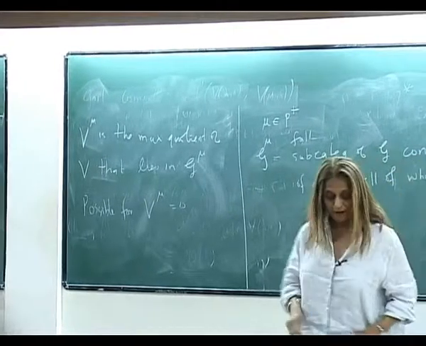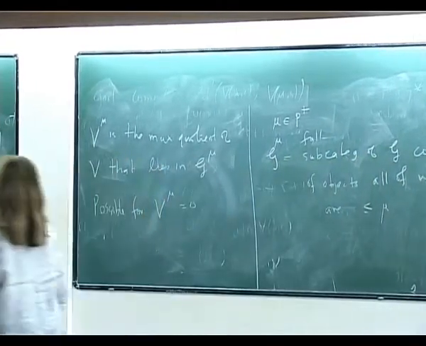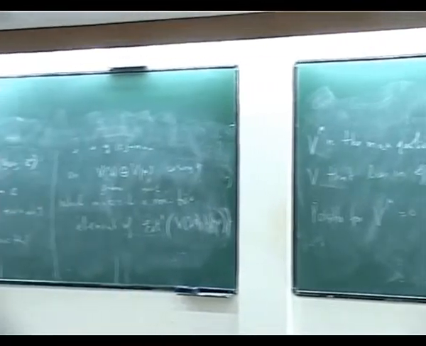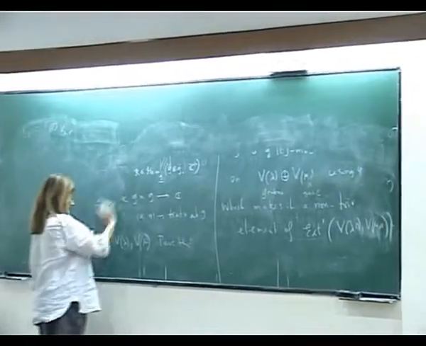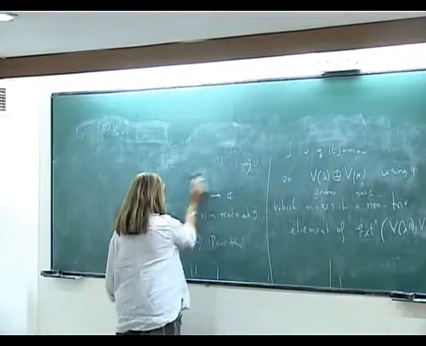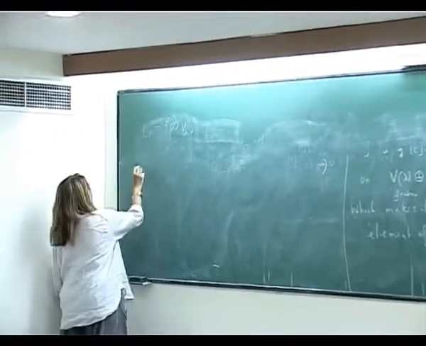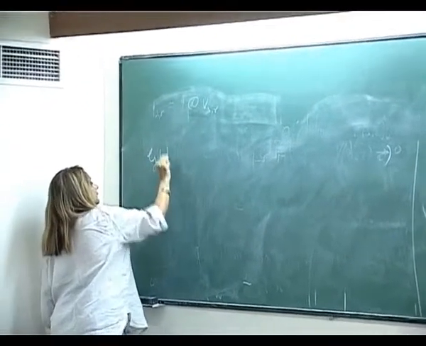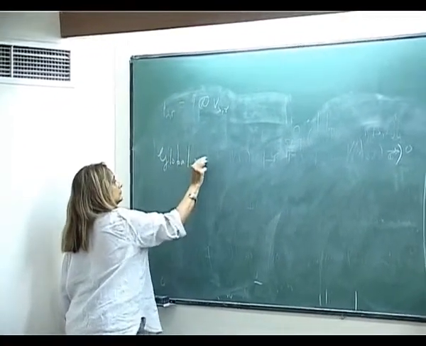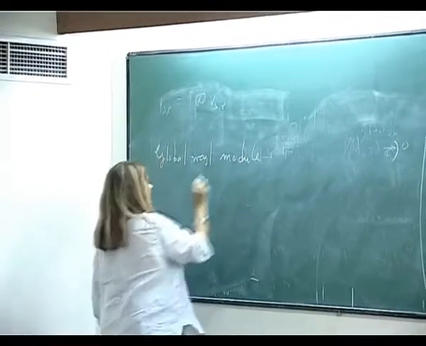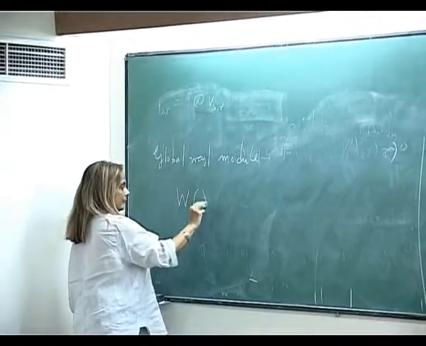Now I can define my global Weyl module. It's called the global Weyl module. The global Weyl module W lambda R will be the following.